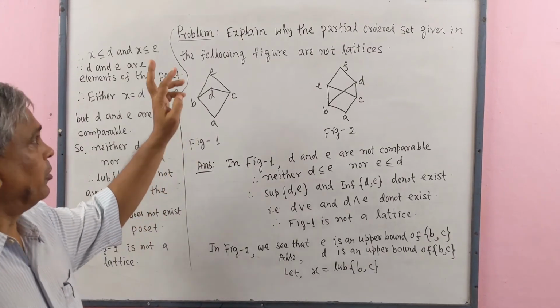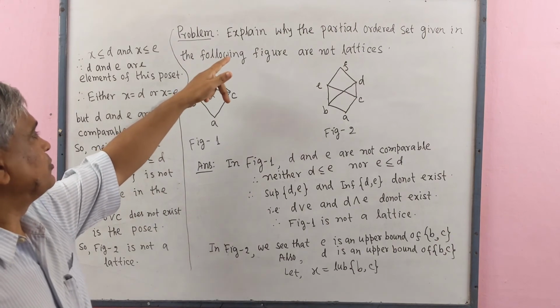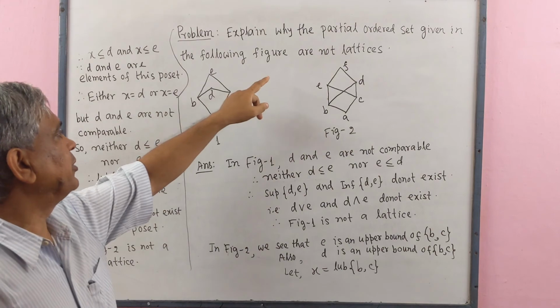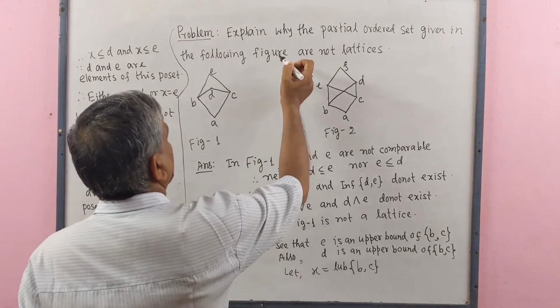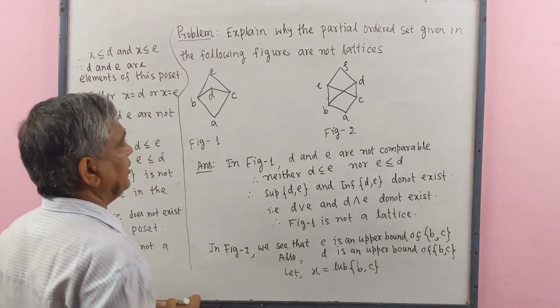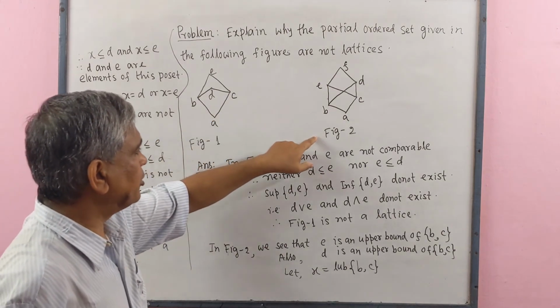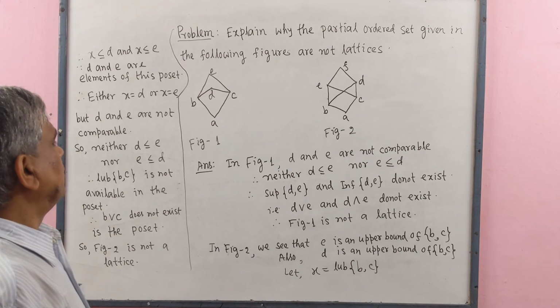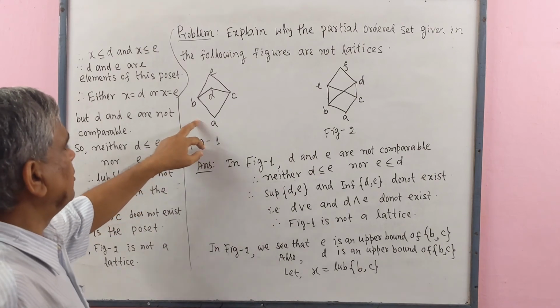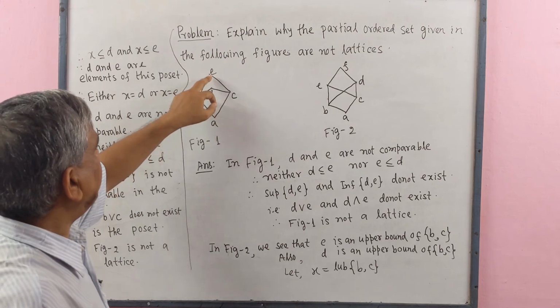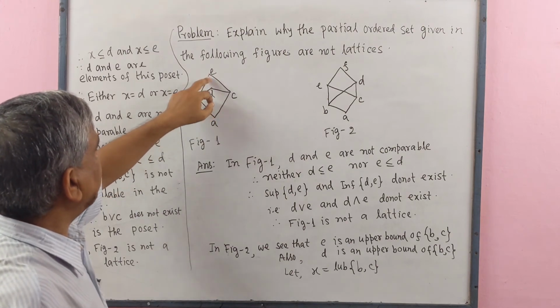Now we solve a problem. The problem is: explain why the partially ordered sets given in the following figures are not lattices. This is figure number 1, this is figure number 2. In figure 1, we see that D and E are not connected.